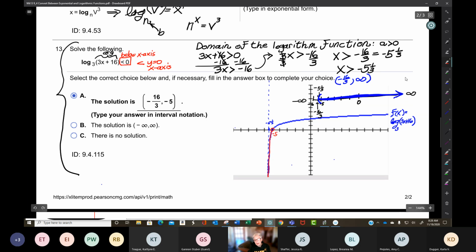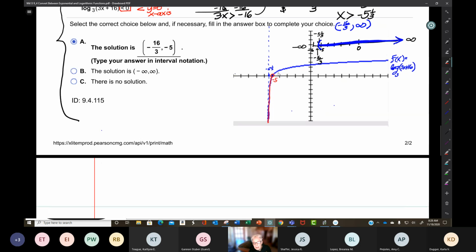Okay, so for this little part of the x-axis right here, that is where the graph will drop below the x-axis. So the answer will be, to our eyes, -5 1/3, but not equaling, so no bracket.